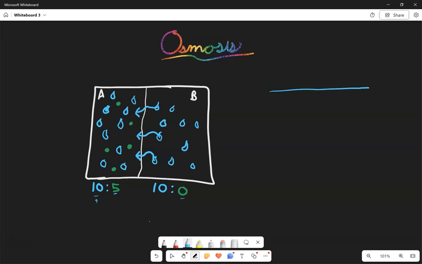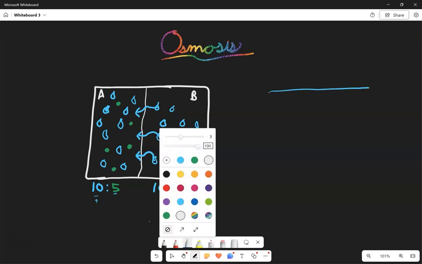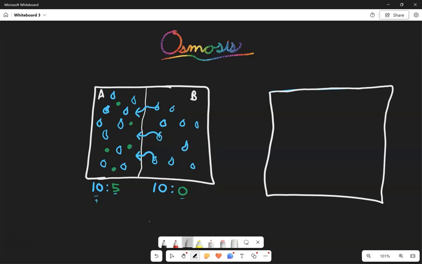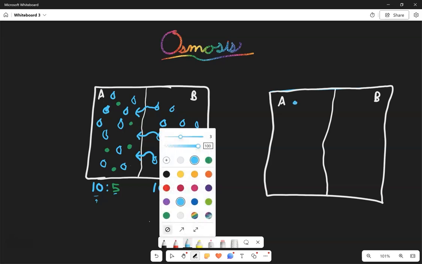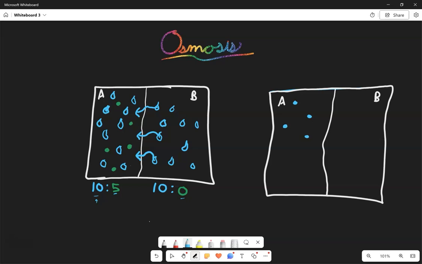Okay? So let's take another box. Draw it in gray just to keep everything sort of consistent here. My box, I'm going to draw that into two compartments as well. Call it compartment A and B again, just as normal. And let's put 10 waters in here again, and we'll put 10 over here.